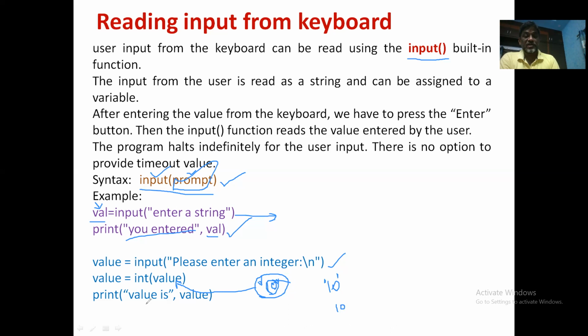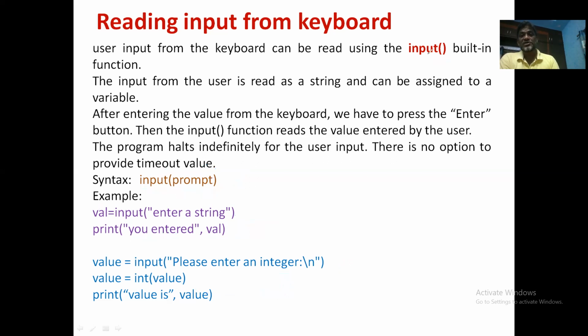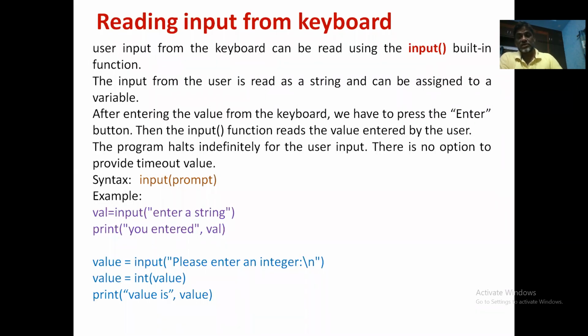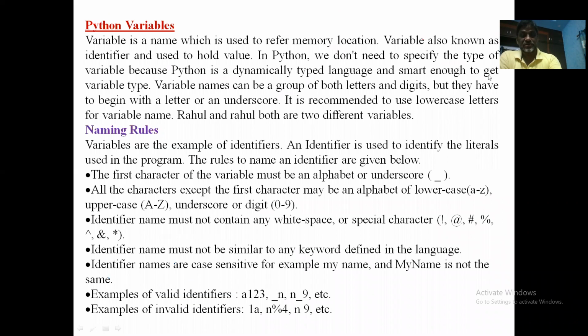So print of value displays the value. We need to understand this input function clearly, because the basic operation that we will perform with Python programs is reading input and displaying it as output to the user. So both input and output functions must be clearly understood.